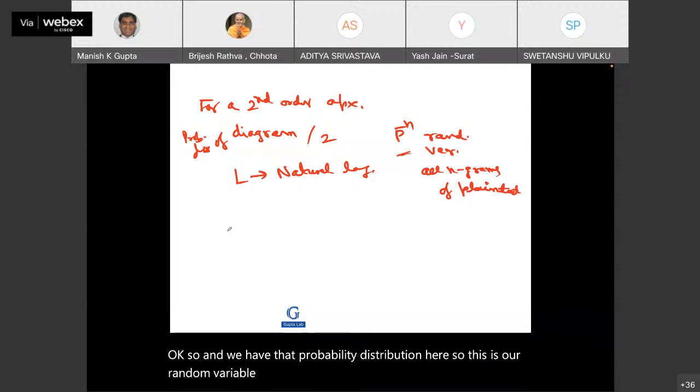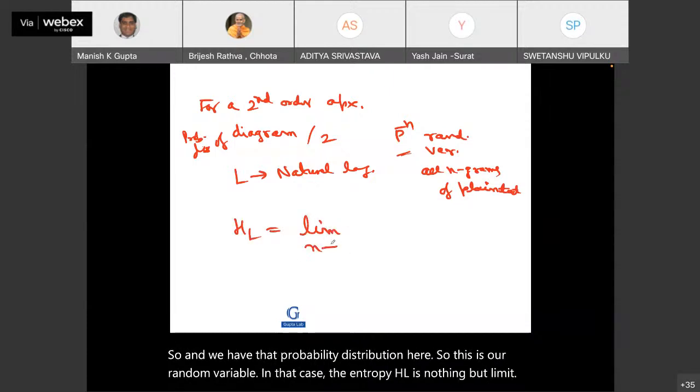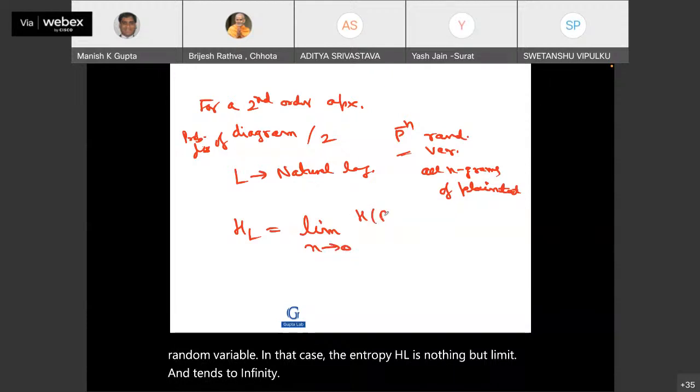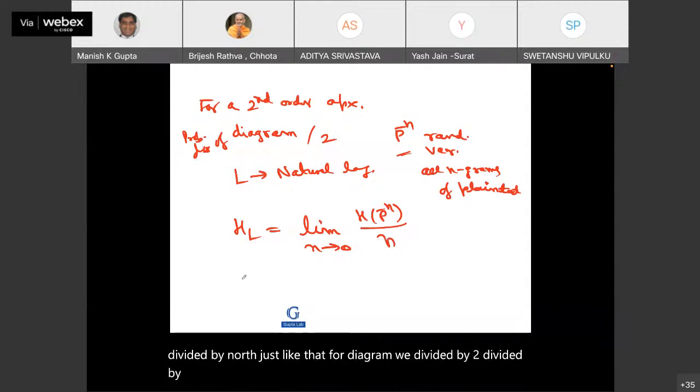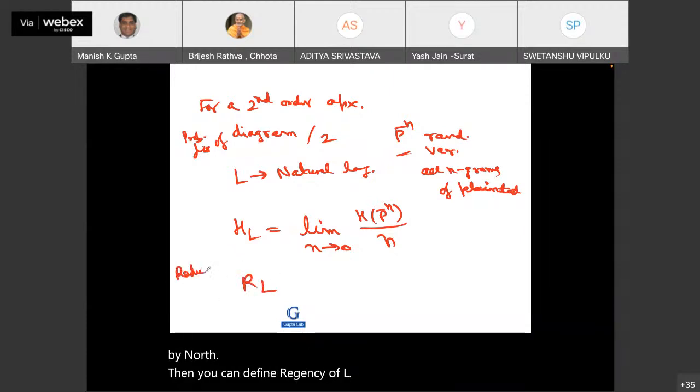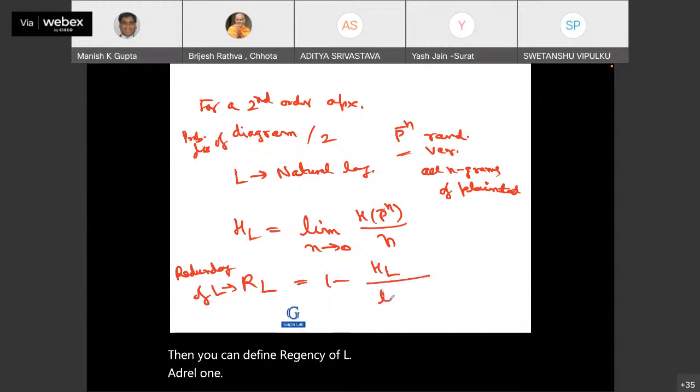In that case, the entropy HL is nothing but the limit as n tends to infinity of H of P bar n divided by n. Just like for digram we divide it by 2, for n-gram we divide it by n, and we can define the redundancy of L, RL, as 1 minus HL divided by log base 2 of P.